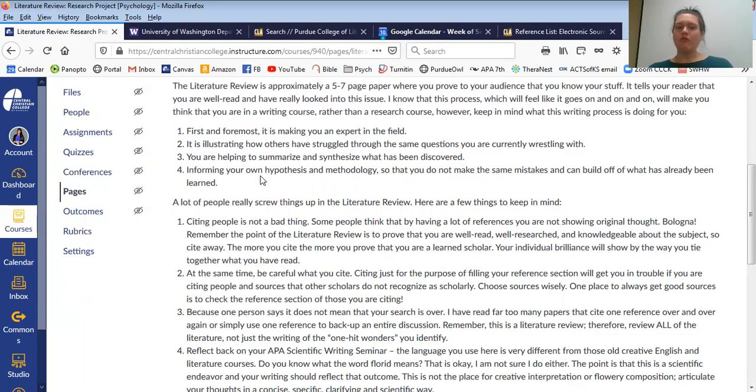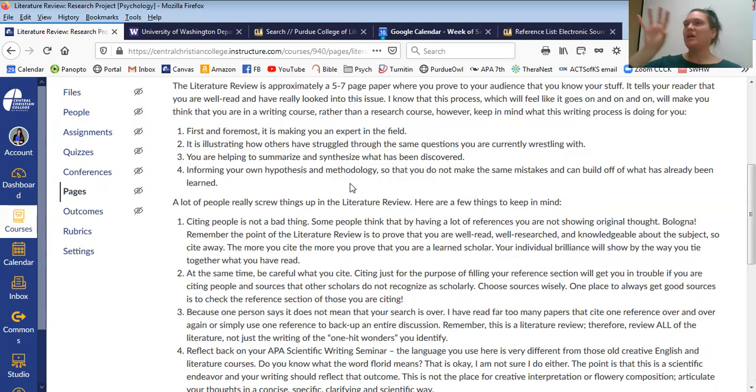Okay. Fourth, informing your own hypothesis and methodology so that you do not make the same mistakes and can build off of what has already been learned. This is as if you were to do your individual research. This would be almost informing others. So think about it like research methods: if you were to do your own experiment, the literature review informs your hypothesis and methodology.